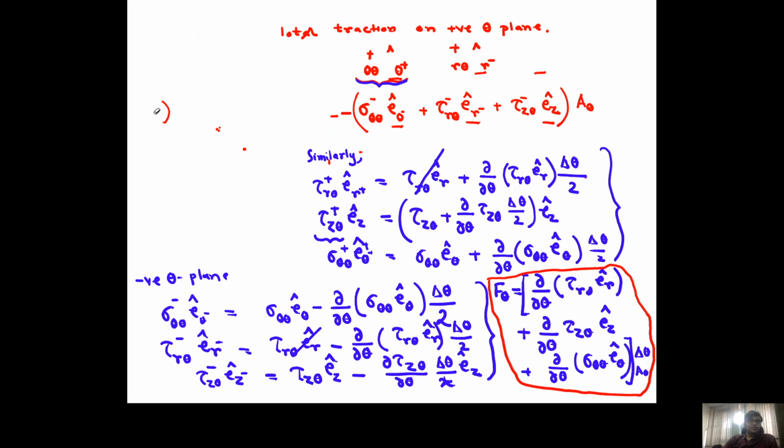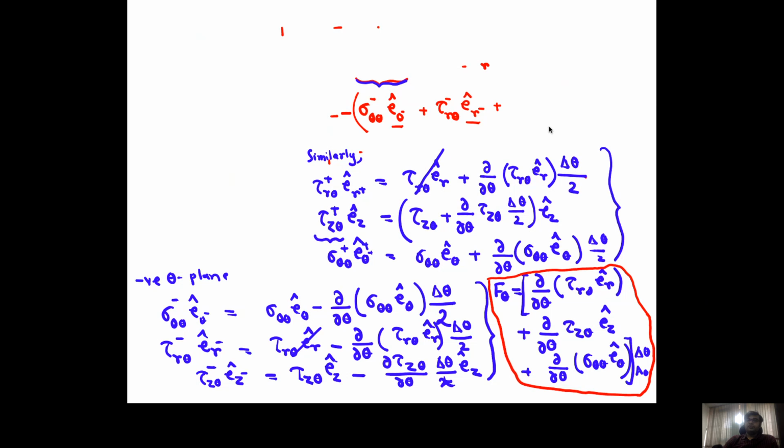There are two derivatives for which we don't have the answer as of now, and those are the derivatives that we want to find out. One of the derivatives is tau r theta er. So what will be the derivative? We know that er and e theta change with theta, but how do they change? That also we don't know. So we will try to find that out as well.